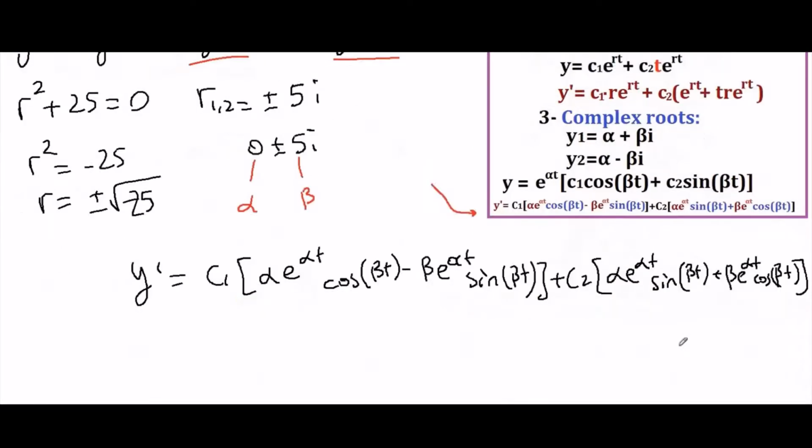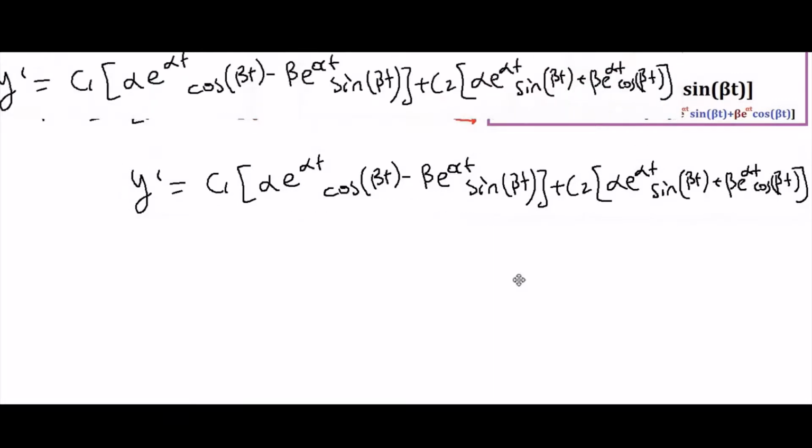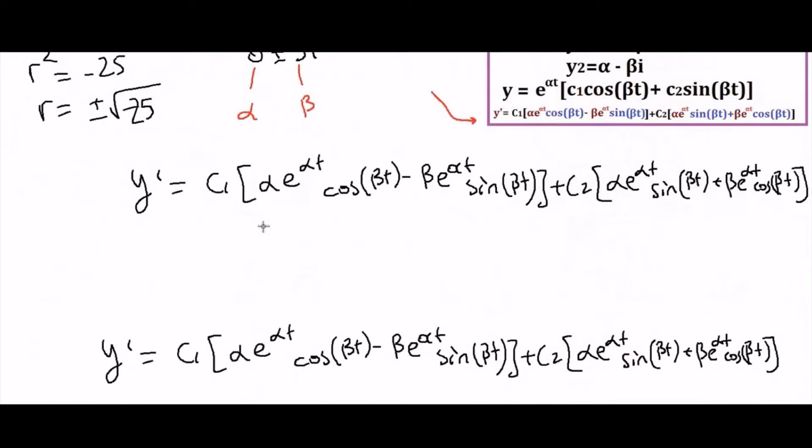We're going to use this 2 times, so let me copy and paste this. We're going to use it the first time for our first given initial condition, y prime of 0 equals 5. So because it is equal to 5, we use y prime 5, and our t value is 0. Our alpha value is also 0, and our beta value is 5.